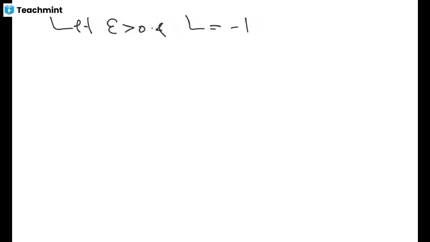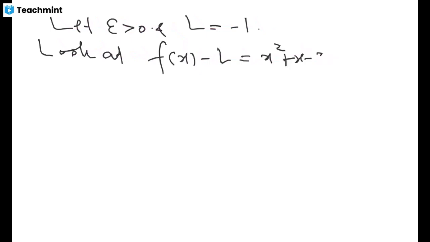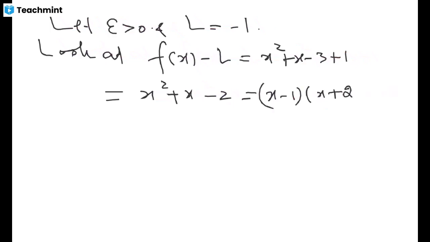So let us put L to be -1, and let us try to guess something from f of x minus L. This is x square plus x minus 3 plus 1, which comes out to be x square plus x minus 2, and if you factor it, it is x minus 1 into x plus 2.